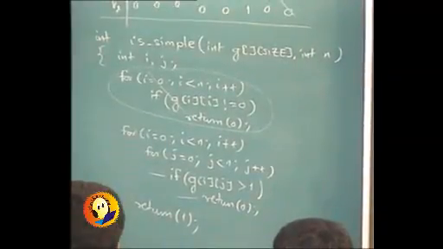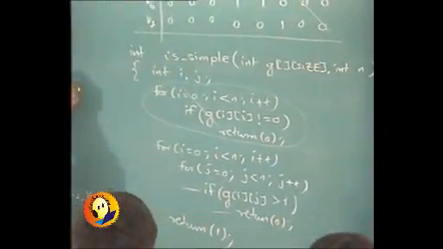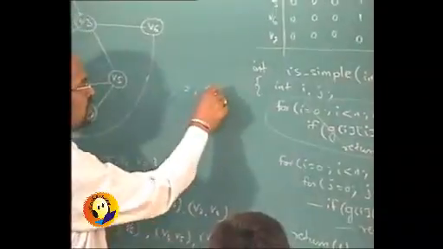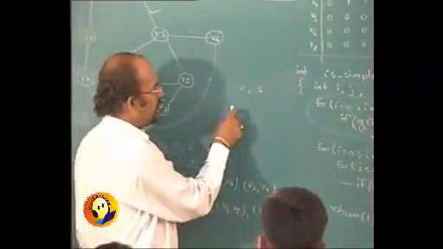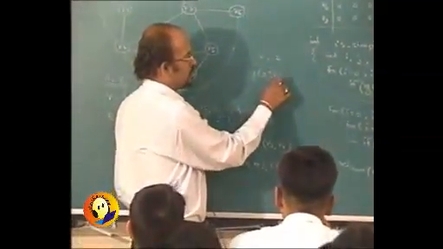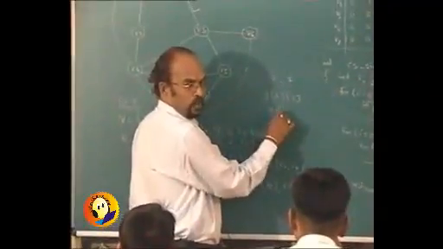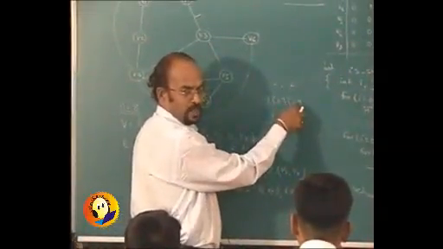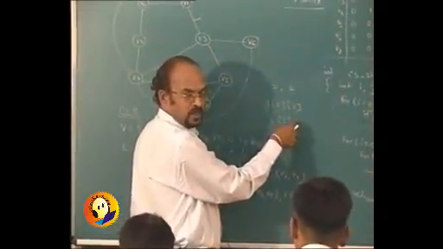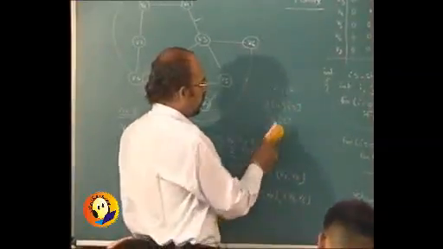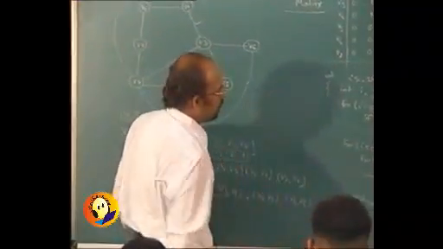A 1 on the diagonal does not exist, because on the diagonal, suppose 2, 2 is the entry, then you are saying g of 2 2 plus plus, and again g of 2 2 plus plus, g of ij plus plus, g of ji plus plus. So it will automatically become 2. It cannot find 1 on the diagonal position.